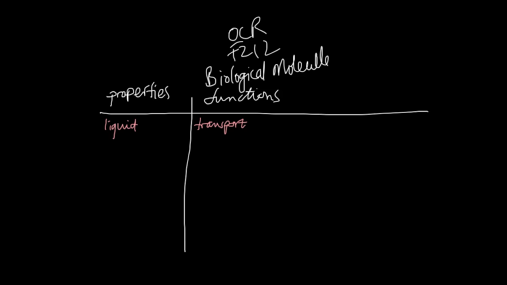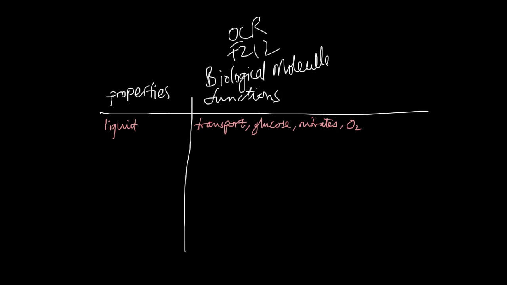Because the particles of liquids are usually in motion, it provides a very good way to take something from point A to point B. So for example, glucose, nitrates for plants, oxygen, because they're in that liquid, they can be moved around very easily.